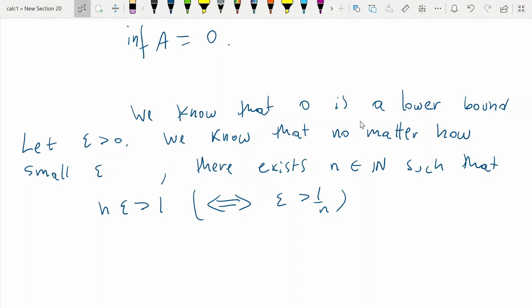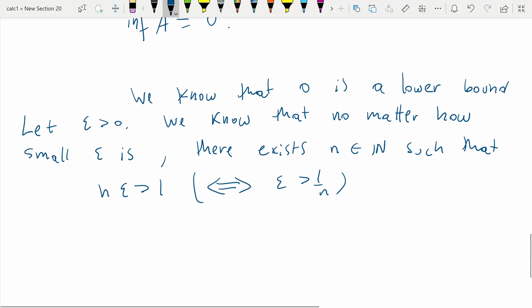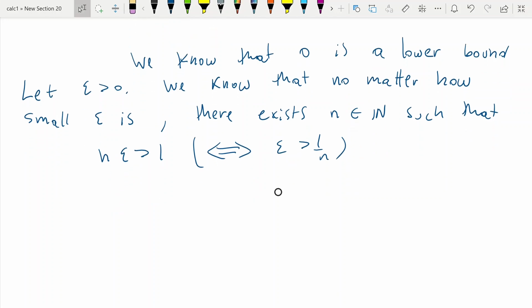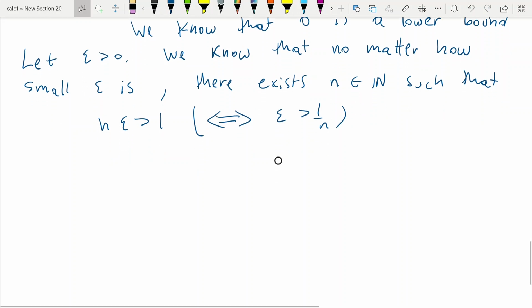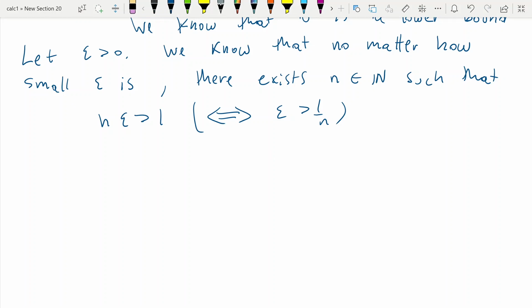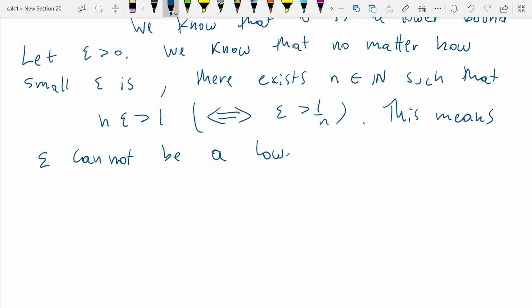But what does this mean? If epsilon is greater than 1 over n, then it cannot be a lower bound, because epsilon would have to be less than or equal to 1 over n for every n in N. But here we found a number n such that 1 over n is less than epsilon.